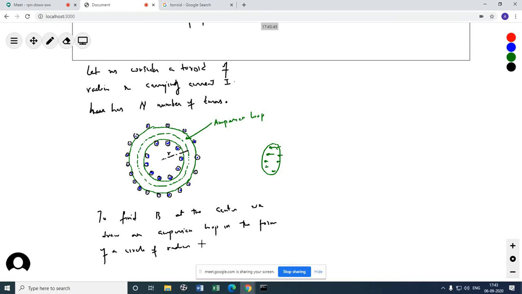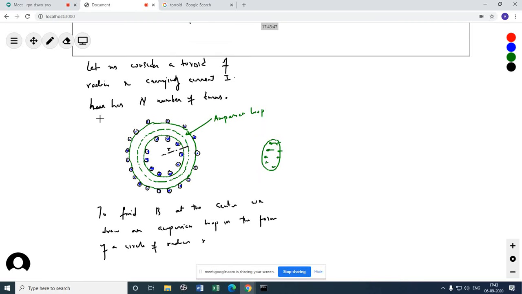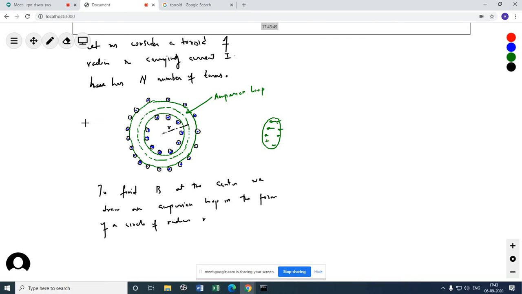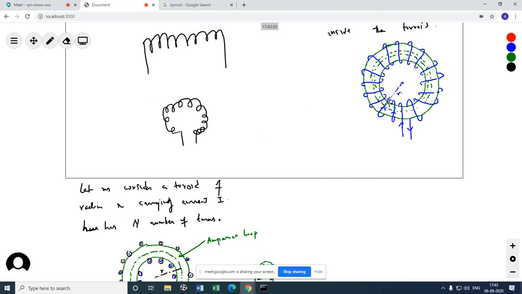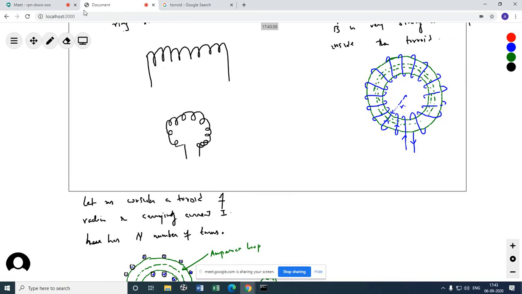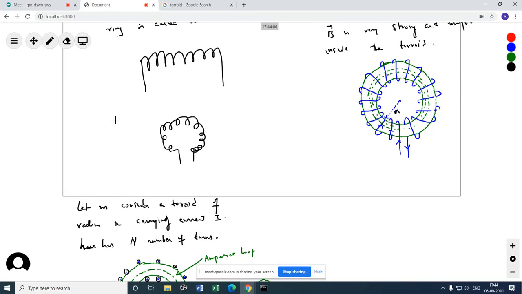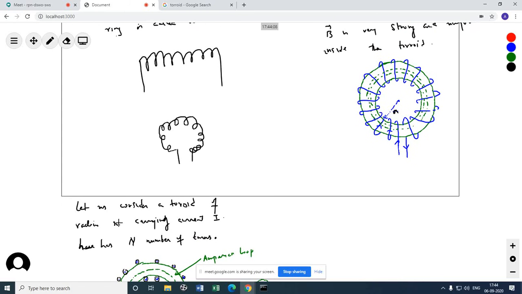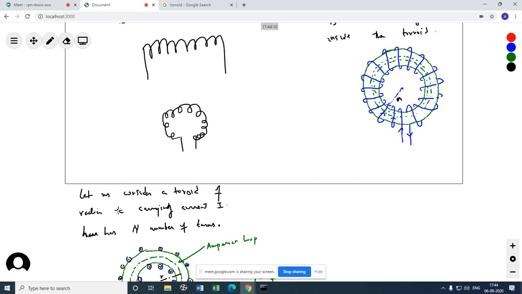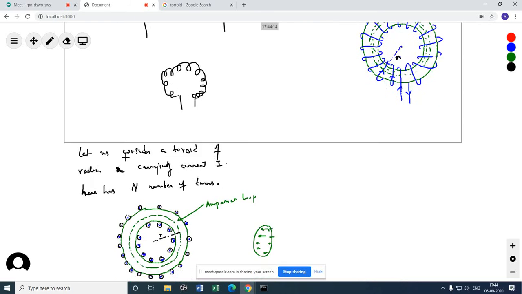Now you see here I've taken this as r only, but actually we should draw, let me take this as a, not r, of radius a. Let this be a. Okay, then it will be radius a. You'll see why.